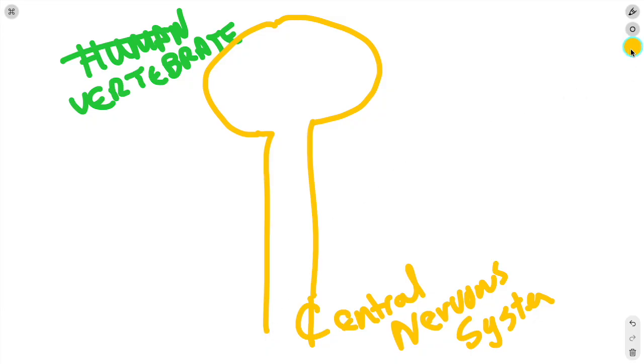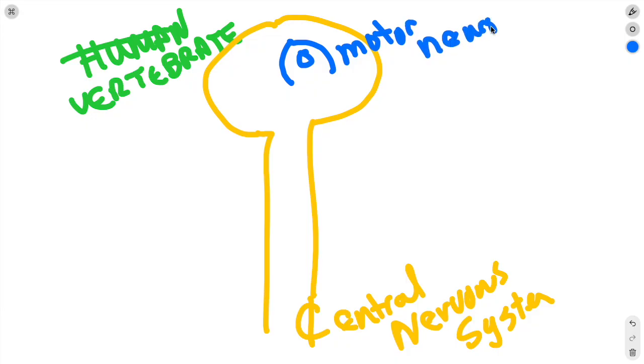So what we mean by inside is the motor neuron has its cell body in the nervous system. And then, in this case, it's going to have dendrites and an axon.